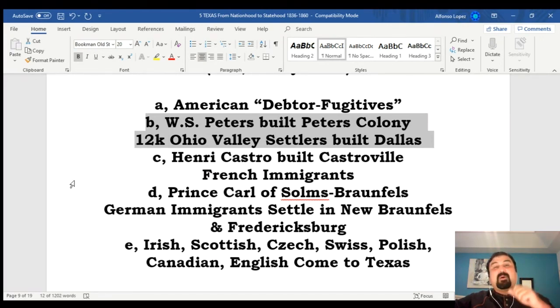Okay, most of the immigrant groups of the Peters Colony are coming from the Ohio Valley. Ohio during this time was going through a commercial revolution. Commercial agriculture is on the rise in Ohio. People are pretty much trying to produce large quantities of products for the market.